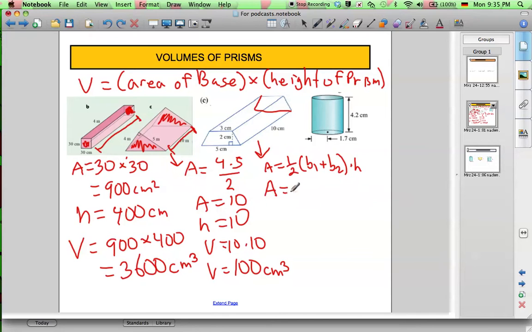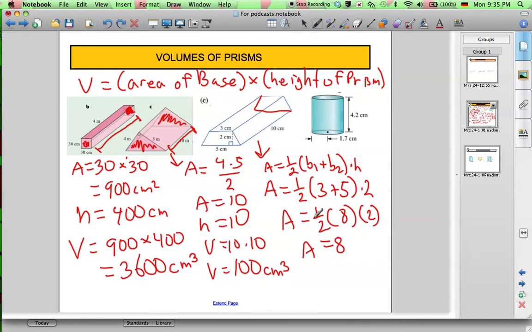So we get area equals half times 3 plus 5, our bases, times 2, the height of the trapezoid. So the area equals half times 8 times 2. That's going to be 4 times 2 is 8. So the area of the base is 8.